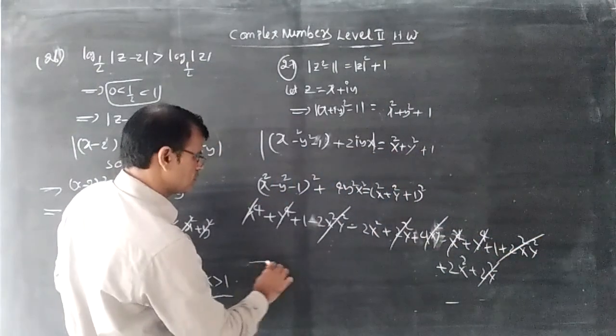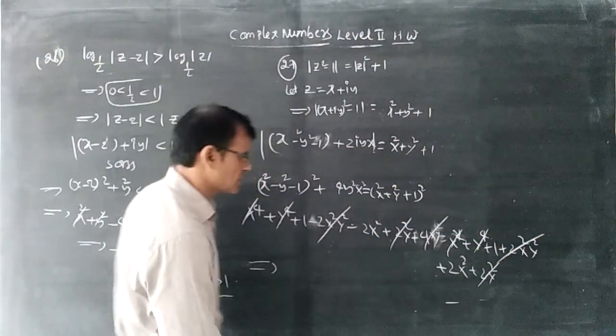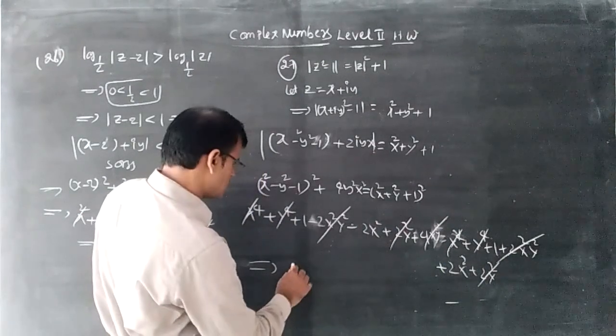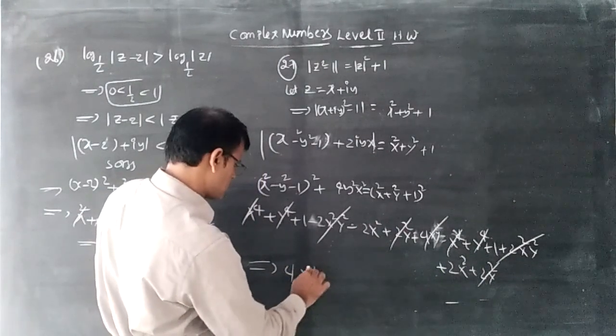Now this minus is taken to that side, you can understand this simply as 4x square.